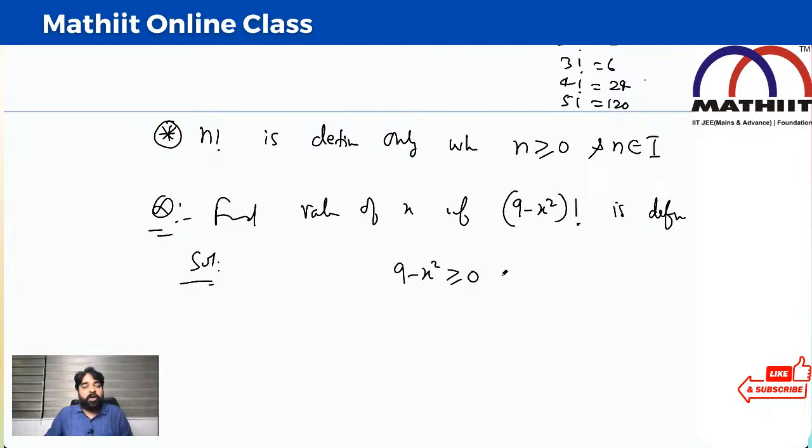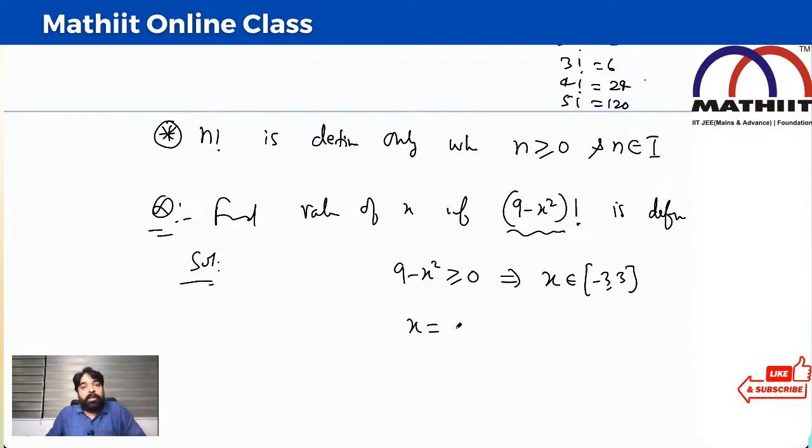You can use a polynomial inequality and say that x will lie between minus 3 and plus 3. Understood my point? But at the same time, this quantity should be an integer. This will be an integer only when x square is an integer. Between them, you have to consider what points can happen. So what are the possible values of x?